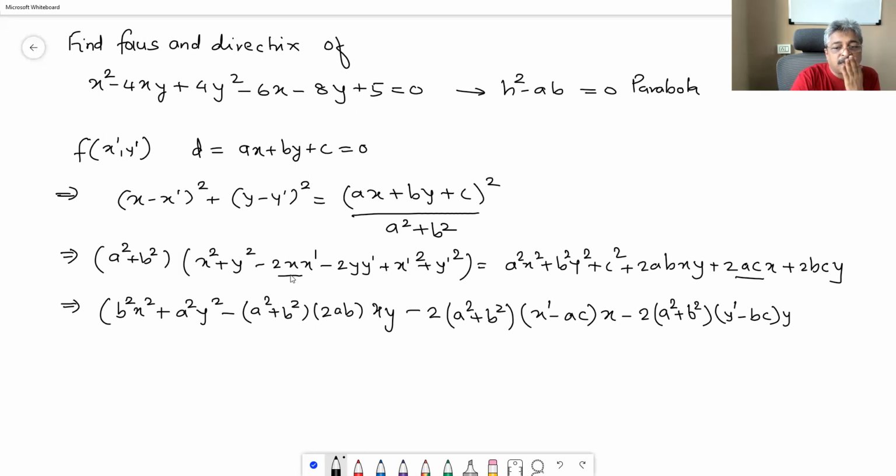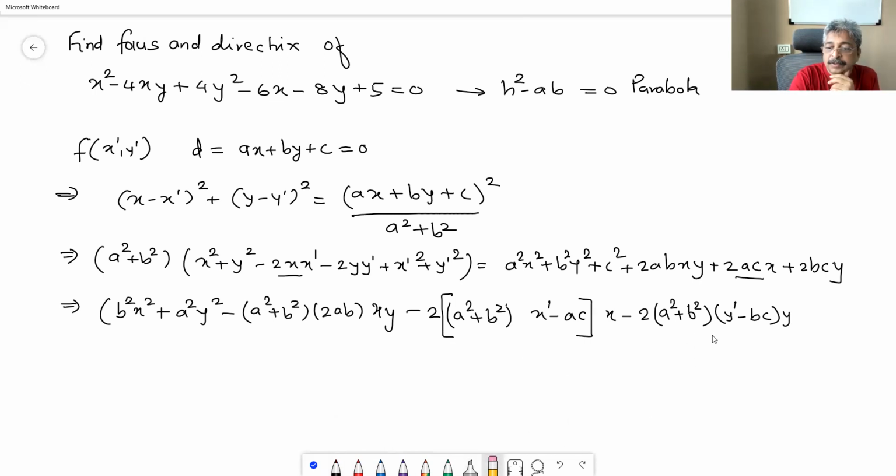Something went wrong. Wait. So a square plus b square into minus x dash or plus x dash, sorry, a square plus b square times x dash, common, minus ac. Now it is right. Yes sir.